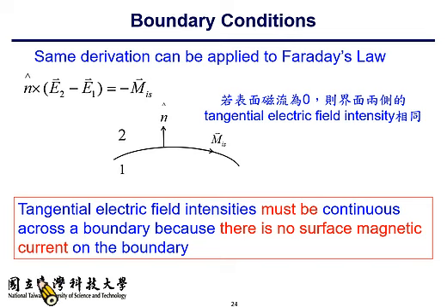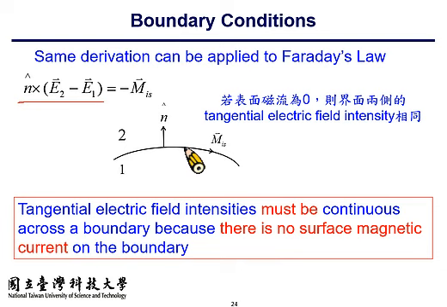Next, we can look into Faraday's law. That's the second boundary condition. We will look into the tangential component of electrical field intensity across the interface. According to the modified Maxwell equation, that is Faraday's law, we will use the same technique. We'll end up with the tangential components of electrical field across the interface.